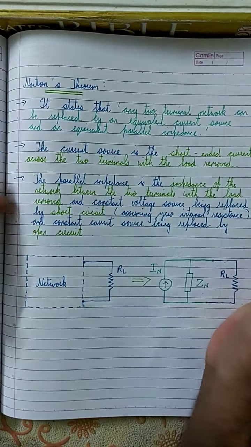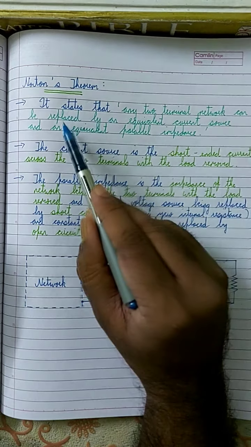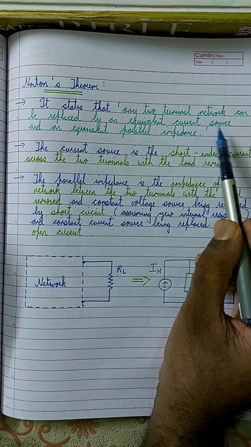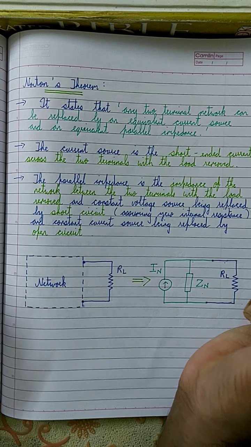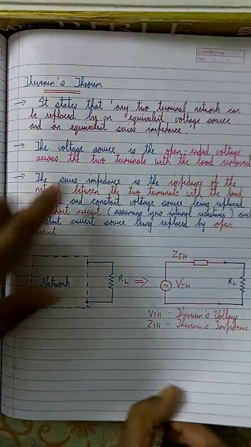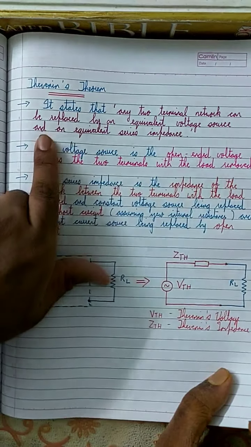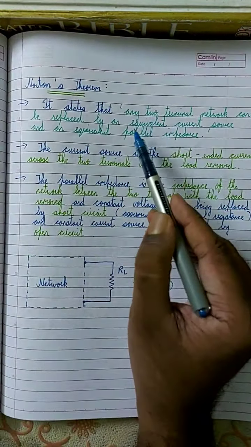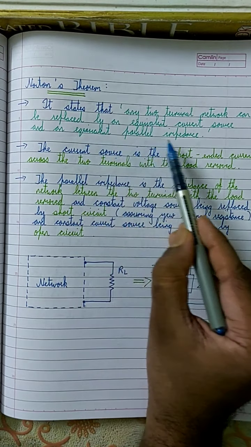It states that any two-terminal network can be replaced by an equivalent current source and an equivalent parallel impedance. Thevenin's theorem uses an equivalent voltage source and an equivalent series impedance, but over here it is an equivalent current source and an equivalent parallel impedance.